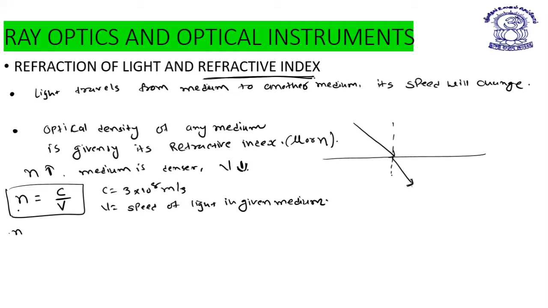Refractive index of any material is dimensionless. If we compare the speed of light in a given medium with the speed of light in vacuum, then this refractive index is called absolute refractive index.